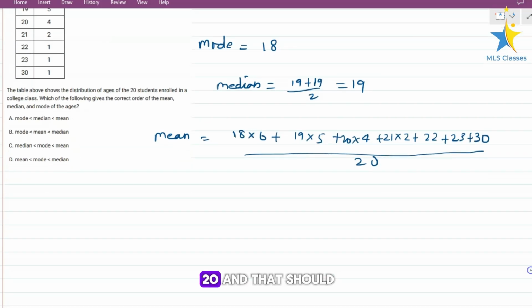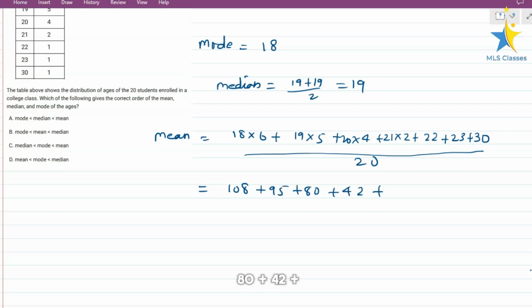So we can write it as 108 plus 95 plus 80 plus 42 plus 22 plus 23, that is 45, plus 30, that is 75. So 108 and 42, that is 150, 95 and 75, that is 170.